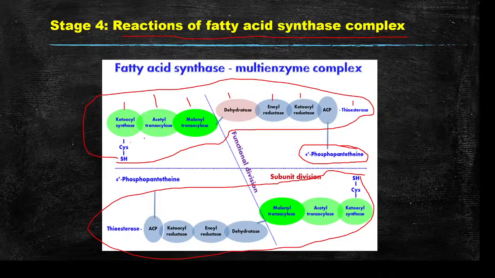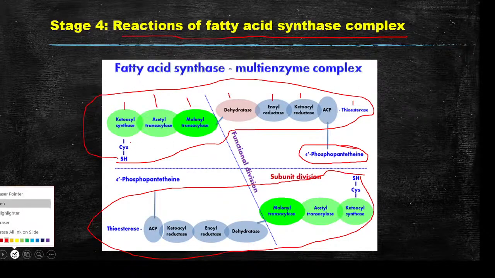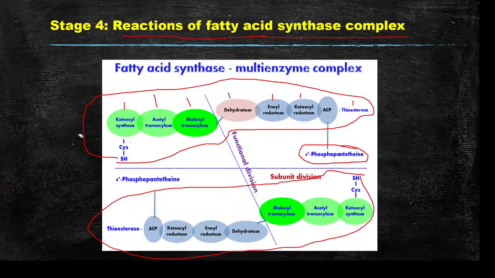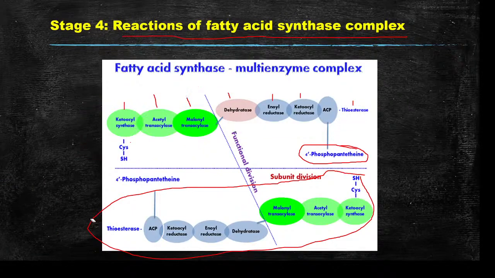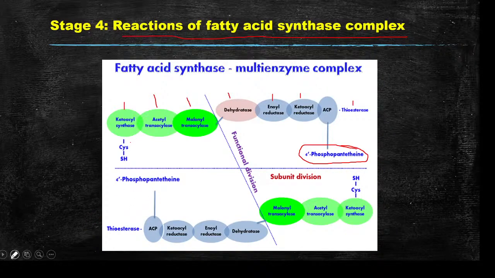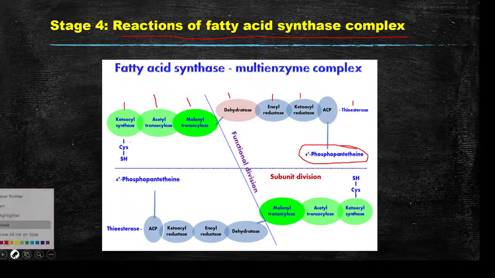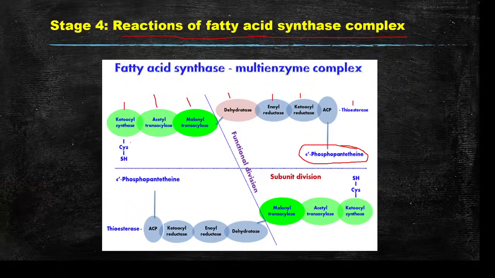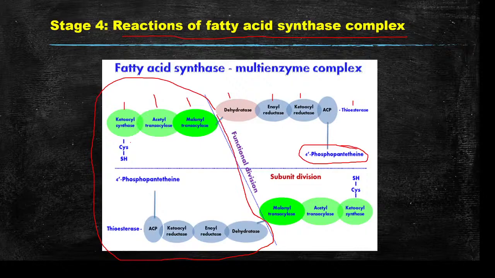The functional division means the enzyme fatty acid synthase complex functions by combining both these monomers, that is, one half of the upper monomer and the other half of the lower monomer on the same side.